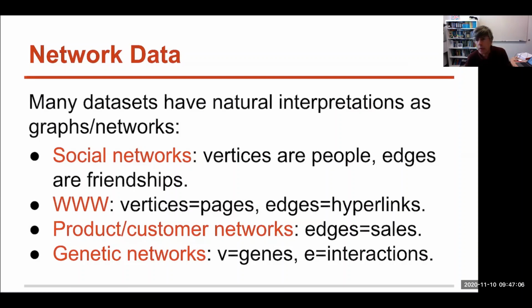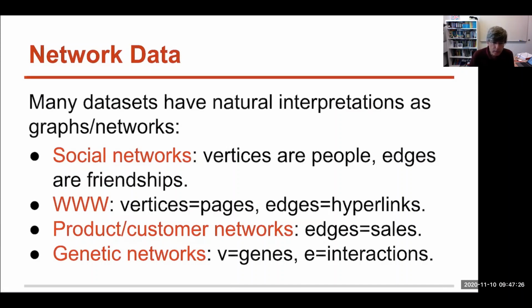We're given points in space, in feature space, and classification reduced to finding nearby points, regression reduced to finding nearby points.